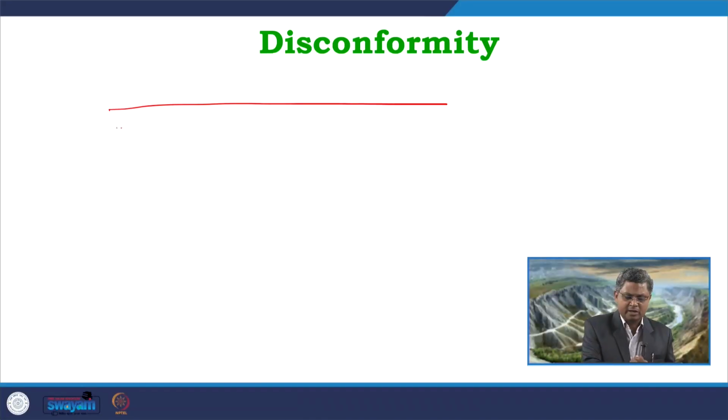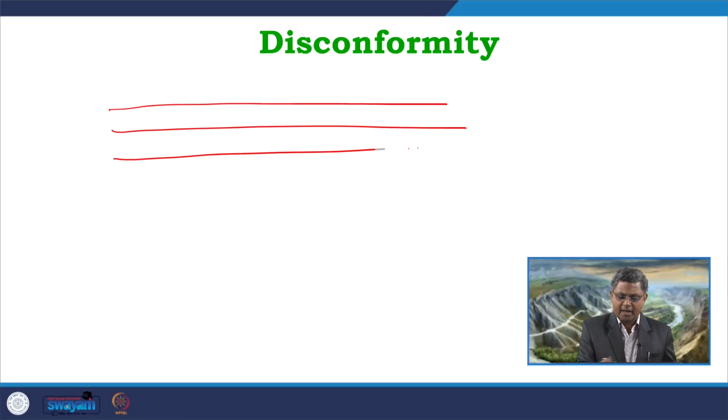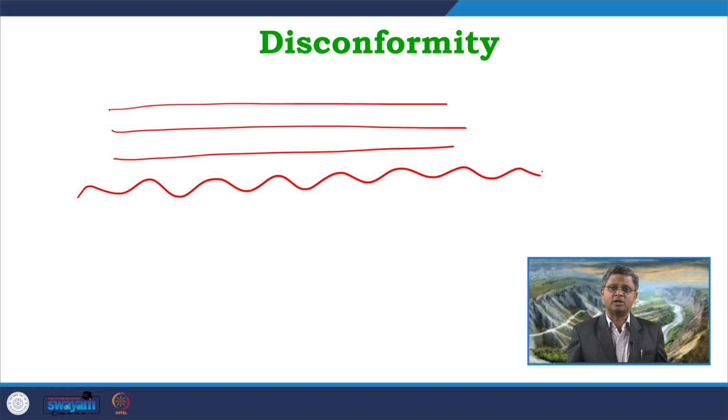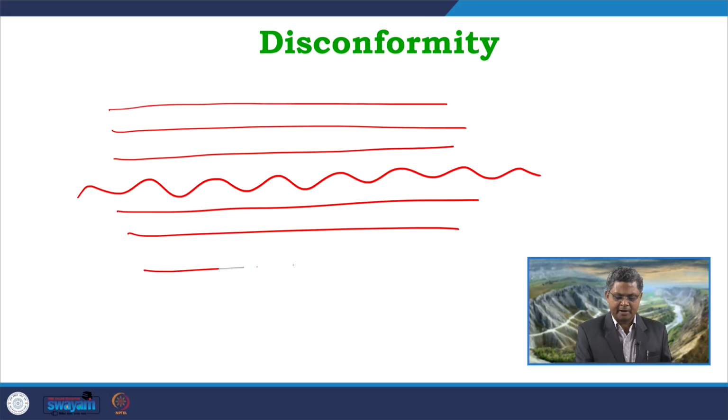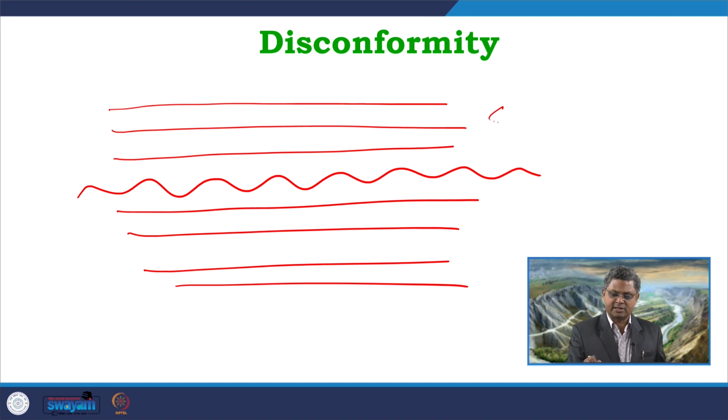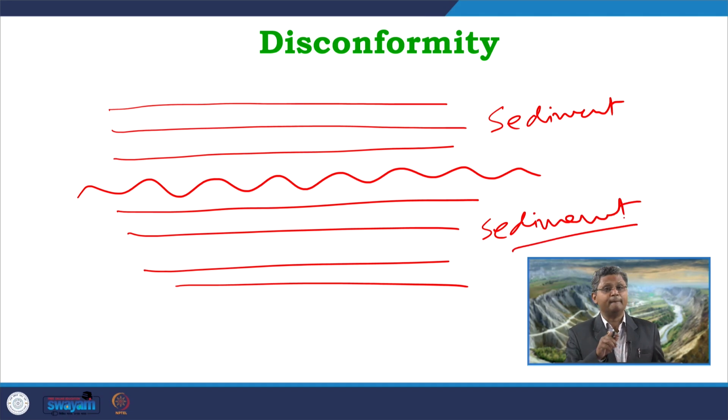So, there will be some parallel lines, and these parallel lines are separated by an erosional surface like this, which are underlain by again some parallel sedimentary rock bodies. So, these are sedimentary rocks, these are also sedimentary rocks which are having similar or near parallel bedding characteristics, and this is the erosional surface which is marked as unconformity, particularly disconformity.